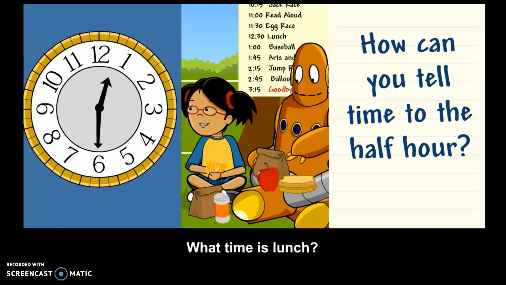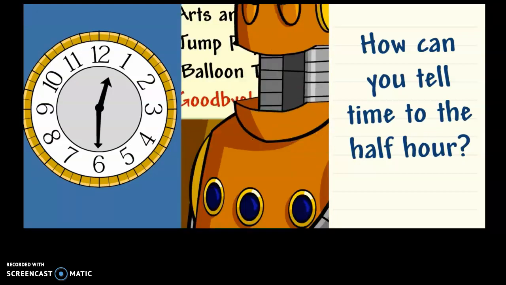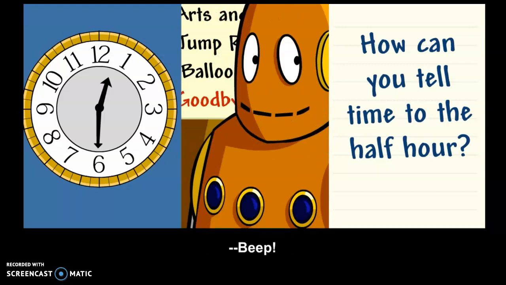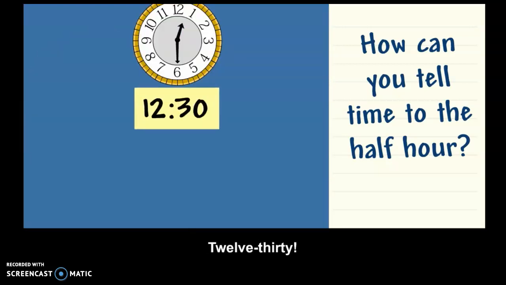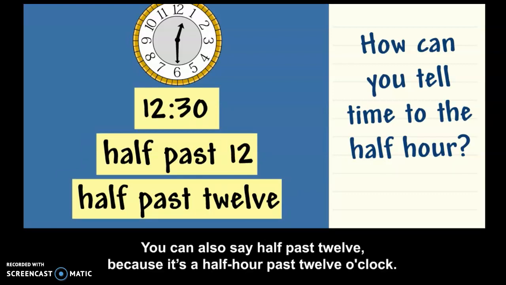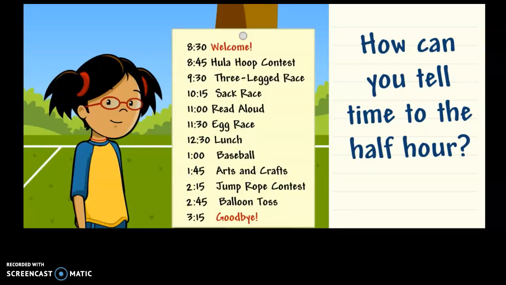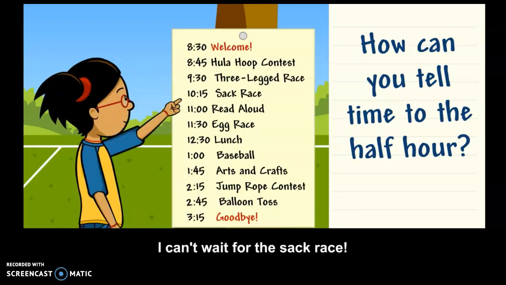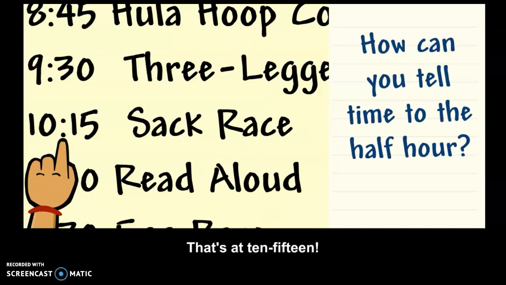What time is lunch? 12:30. You can also say 12:30 because it's a half hour past 12 o'clock. I can't wait for the sack race. That's at 10:15.